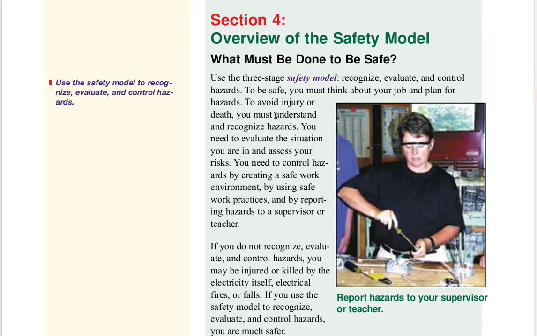To be safe, you must think about your job and plan for hazards. To avoid injury or death, you must understand and recognize hazards. You need to evaluate the situation you are in and assess your risk.